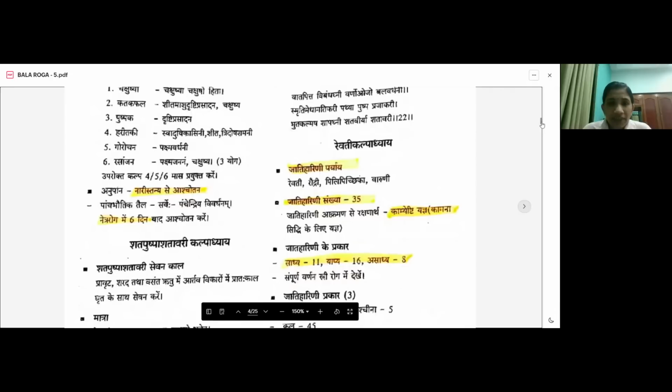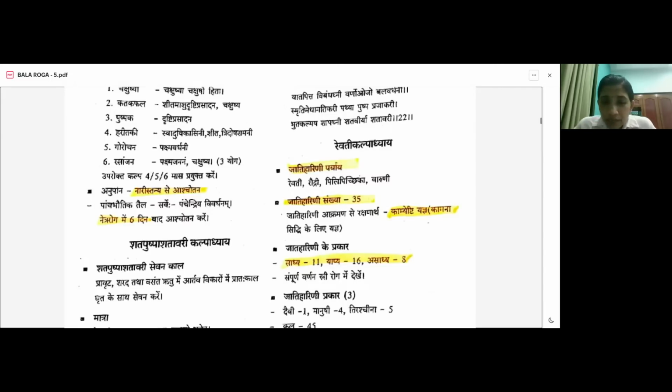Next, that is Devadi Kalpadhyayam. Here different types of synonyms and different types of Jataharini are explained. It's very important, and we will learn it in the section of Prasuti Tantra. So the paryayas of Jataharini are Revati, Raudri, Pilipichika, Varuni. These are the synonyms. Okay.